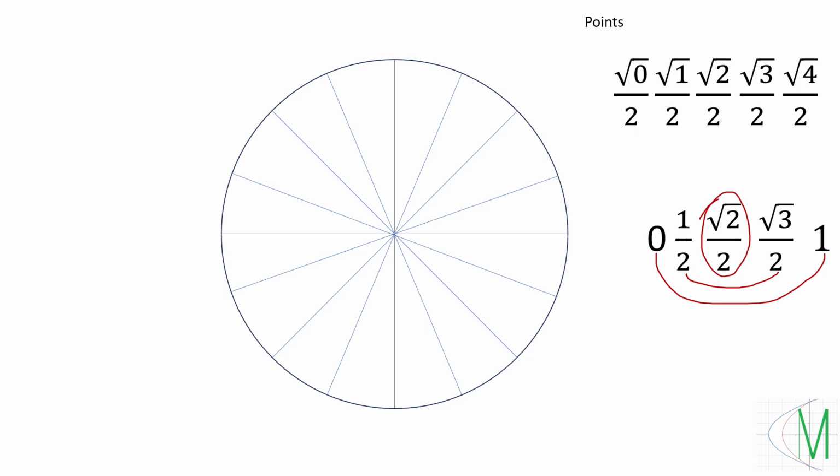Okay, so let's start off with this first coordinate over here. Now remember, this is a unit circle, which means this is a circle of radius 1. So that means this distance from the center, from the origin, if you go straight out, that's 1 unit. That means the x-coordinate here would be 1, and because 1 goes with 0, the y-coordinate has to be 0.